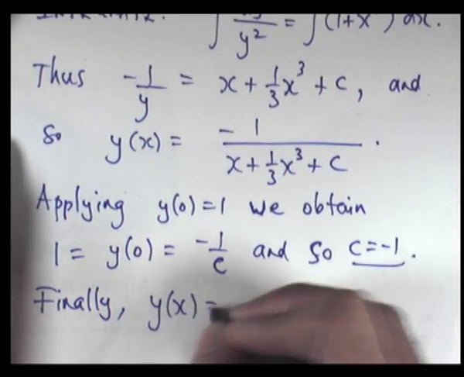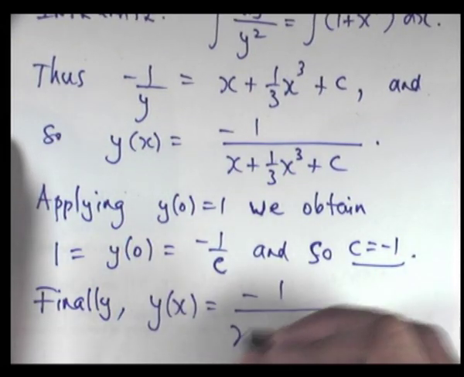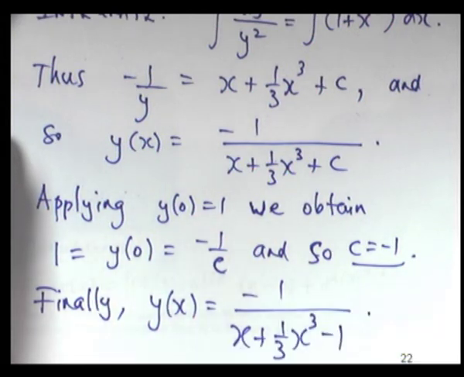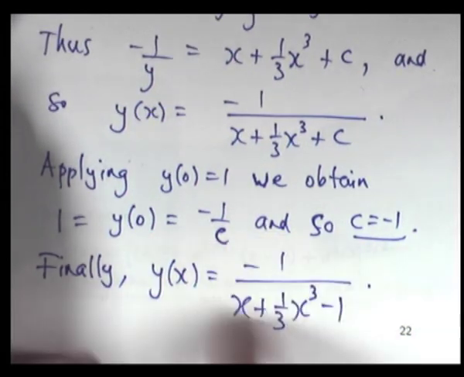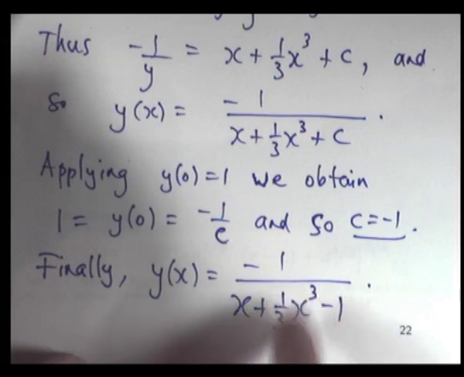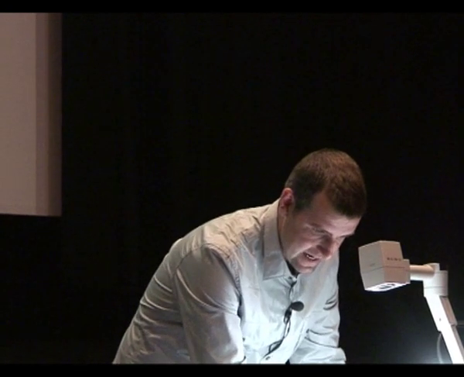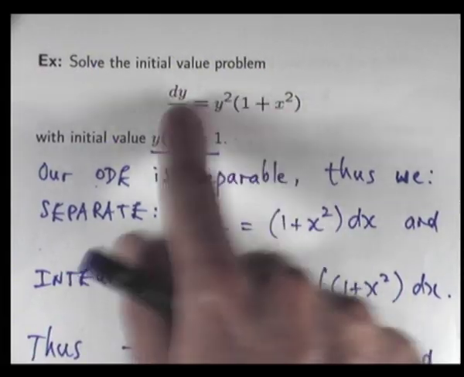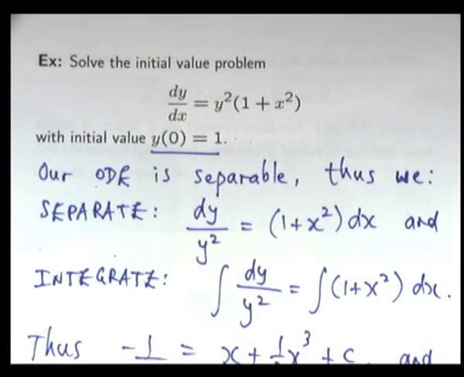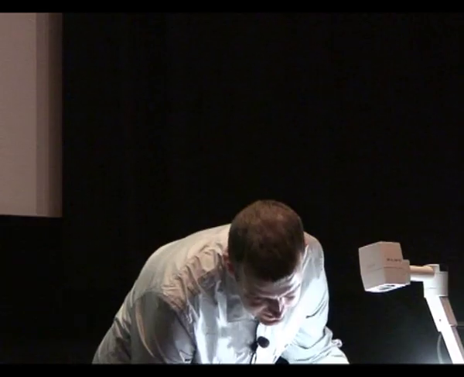So y will be this function here. And of course I can check the function to see if it actually really is a solution by differentiating it and showing that A, this equation holds, and also the initial condition holds.